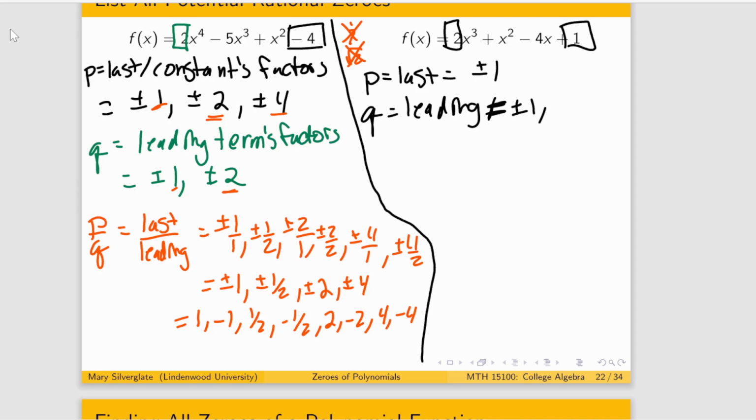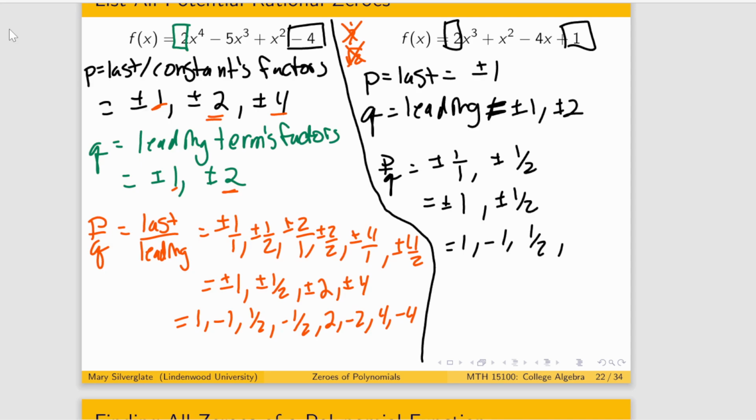That would be plus or minus 1 or 2. So if we're listing all of the potential ones, well, that would be plus or minus 1 divided by 1, plus or minus 1 divided by 2, and that's it. It's just last over leading. So your only potential factors are plus or minus 1 divided by 1 is 1. A half is already simplified, so literally 1, -1, a half, or -1/2.